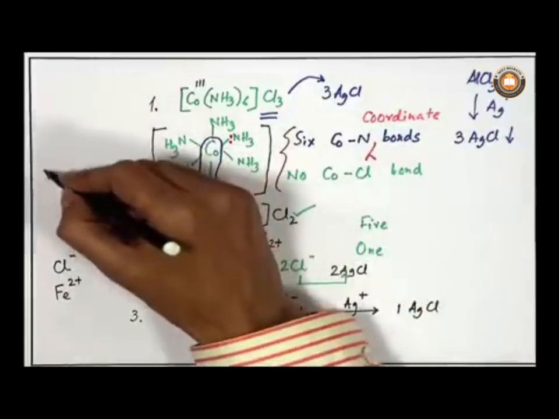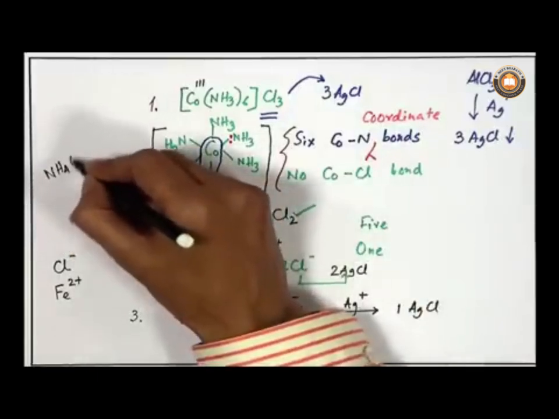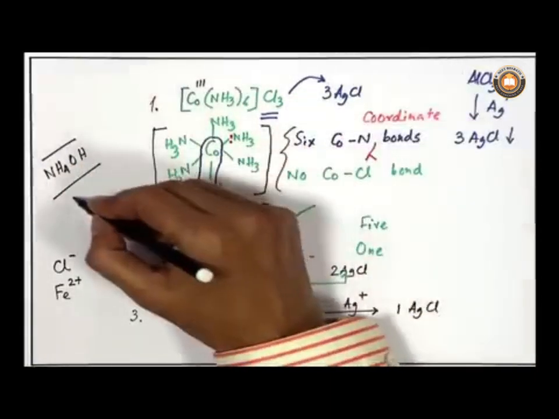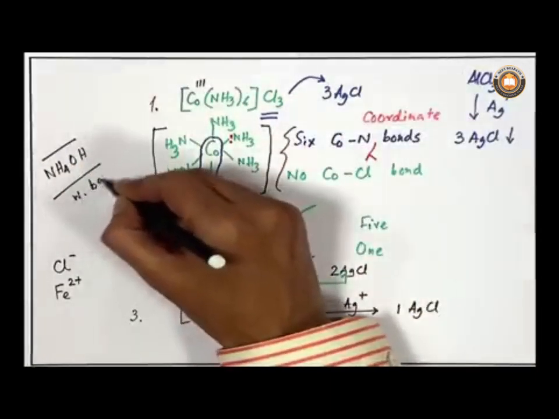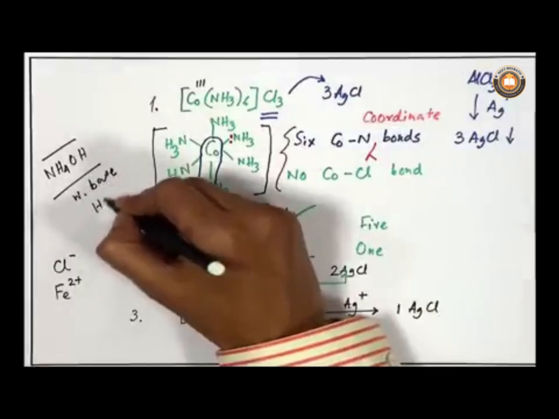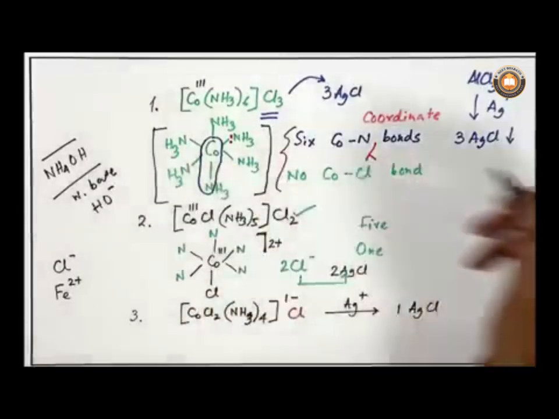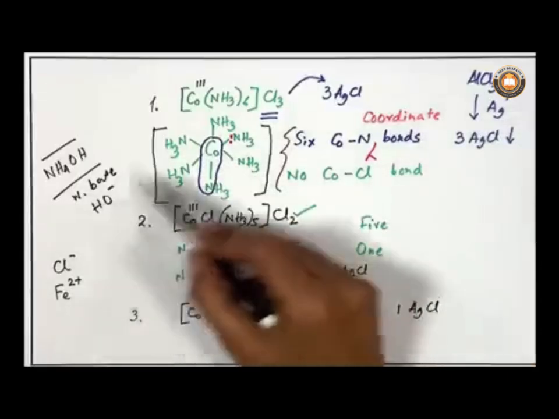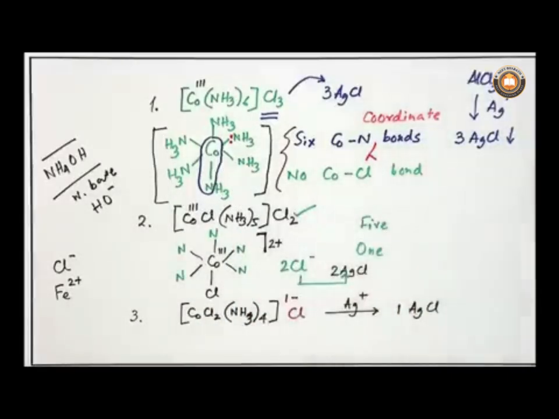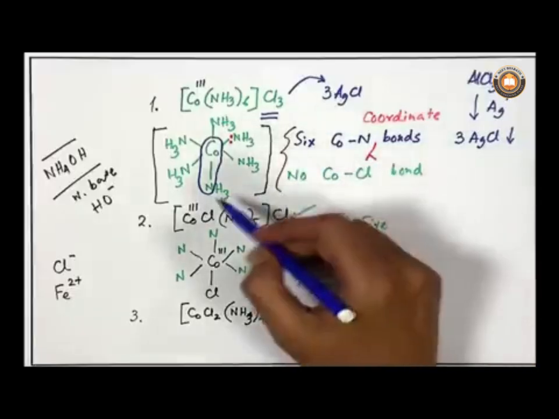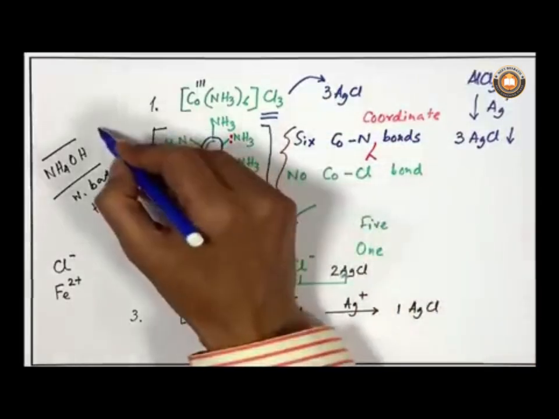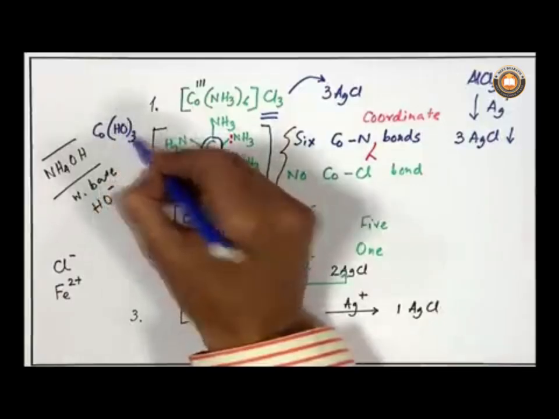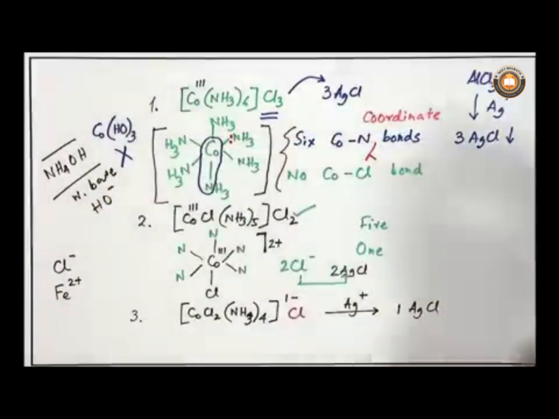because we know that ammonia in the laboratory is available as ammonium hydroxide, which is also a weak base. That can be available for the production of HO minus. If more hydroxide ions are there, the side reaction for all these complexation reactions can be the precipitation of cobalt hydroxide, which we should avoid.